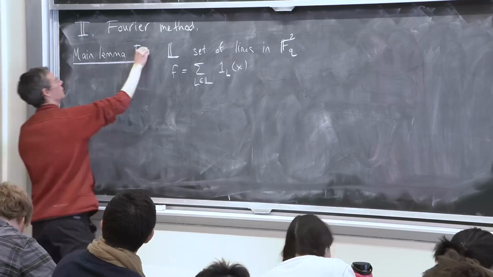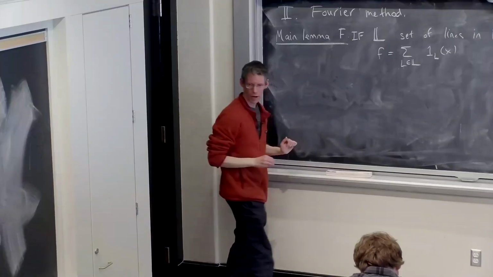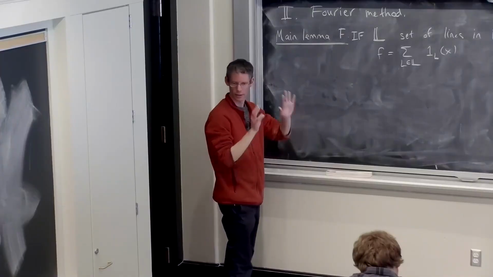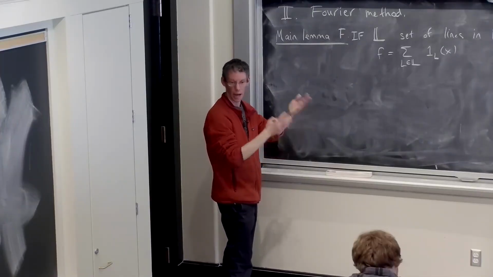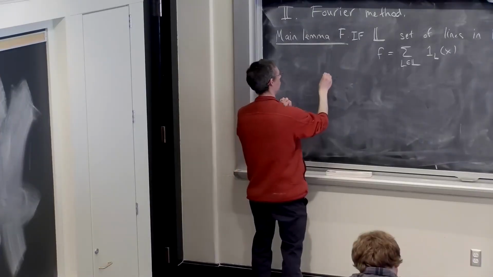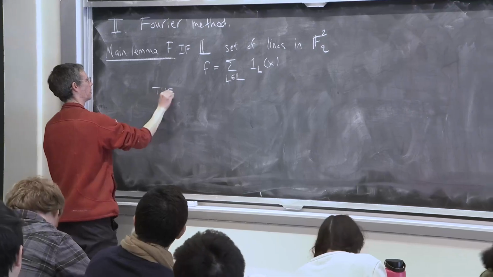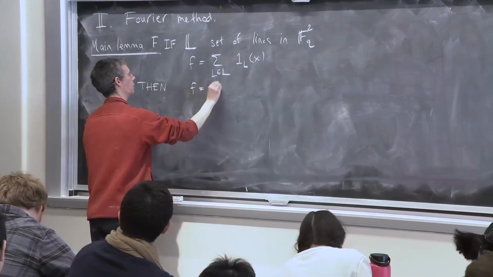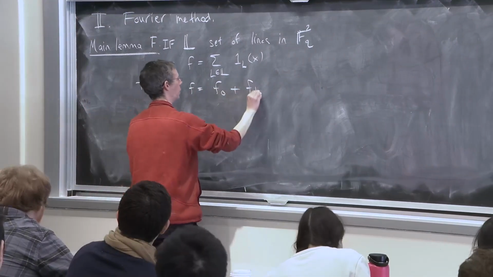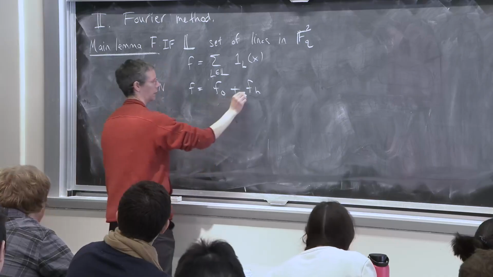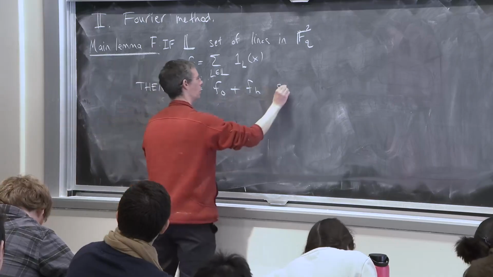OK, so if that's true, then we can break up F into 2 pieces, a 0 frequency piece and a non-zero frequency piece. So then F is equal to F_0 plus F_high, 0 frequency, high frequency.